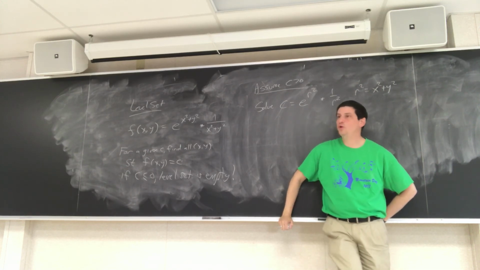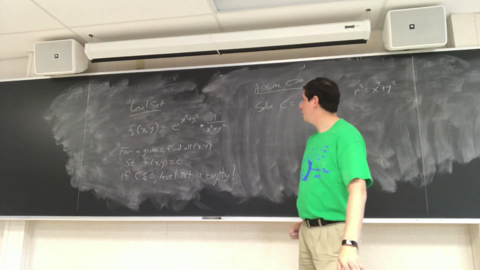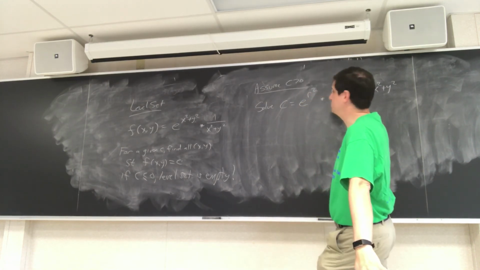So the question is, can you always solve this? Is there always going to be a choice of r that works? r cannot equal 0. If r equals 0, this blows up to infinity.